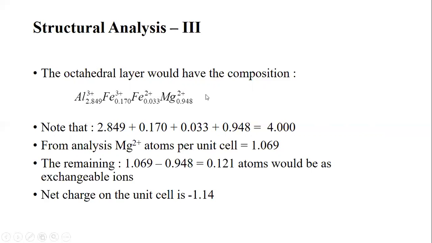This one, 2. Multiply them all. Find out how many positive charges we have, and the silicon also in the tetrahedral. And then the negative charge is constant. You do not exchange oxygen or hydroxide. It's fixed. So from the difference in the two, you find the net charge on the unit cell is minus 1.14.